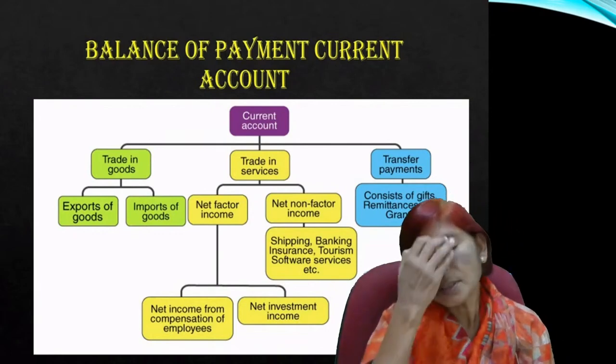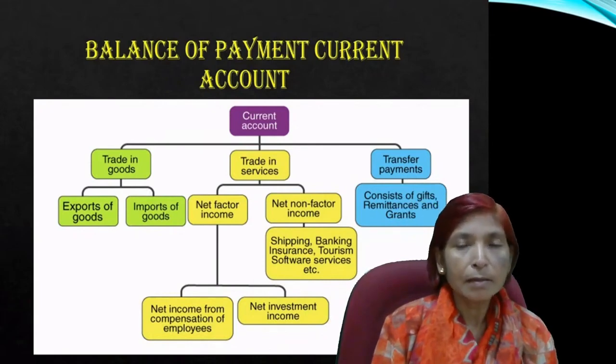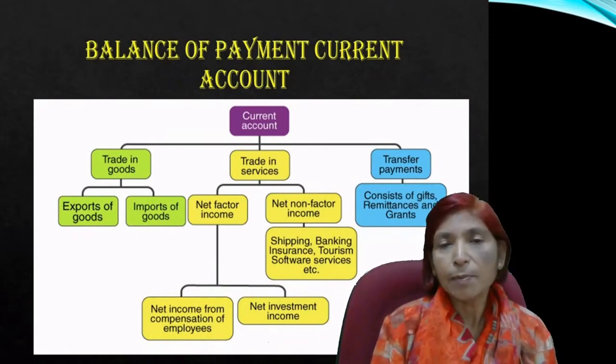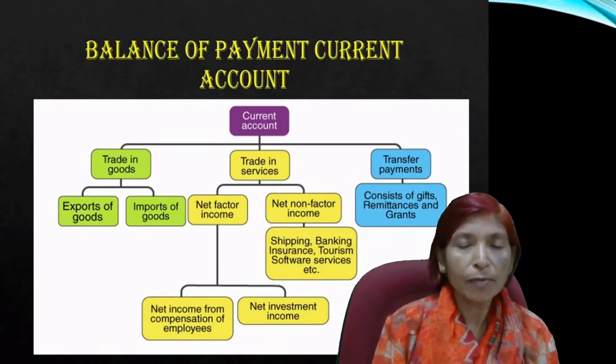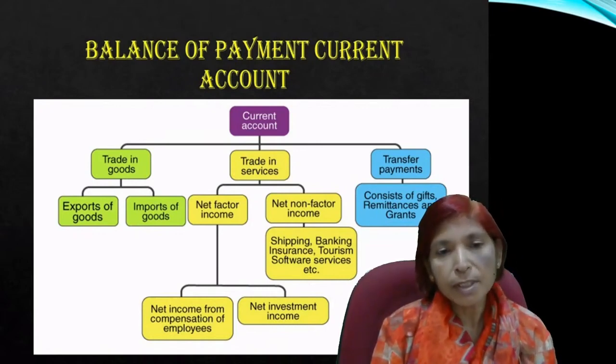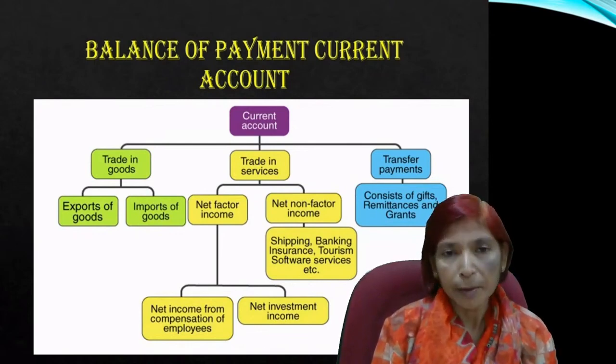The current account includes items of visible or merchandise or goods, exports and imports. So trade in goods like exports of goods, imports of goods are included in visible items of trade.